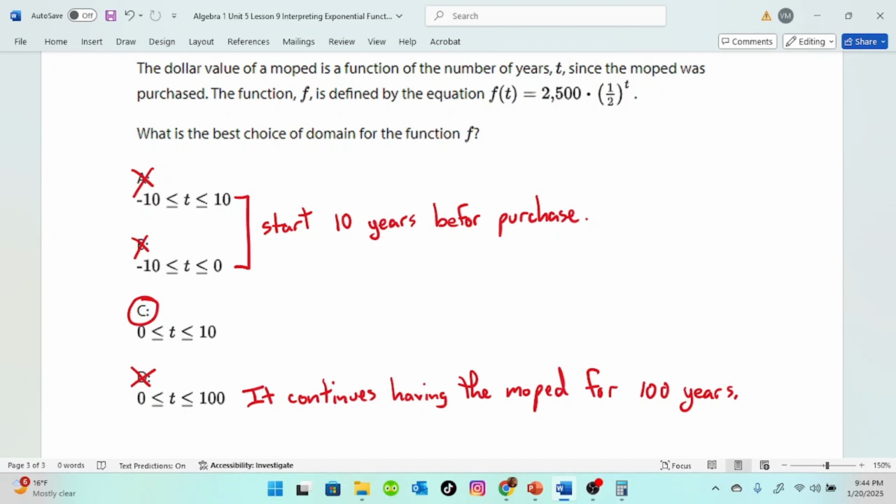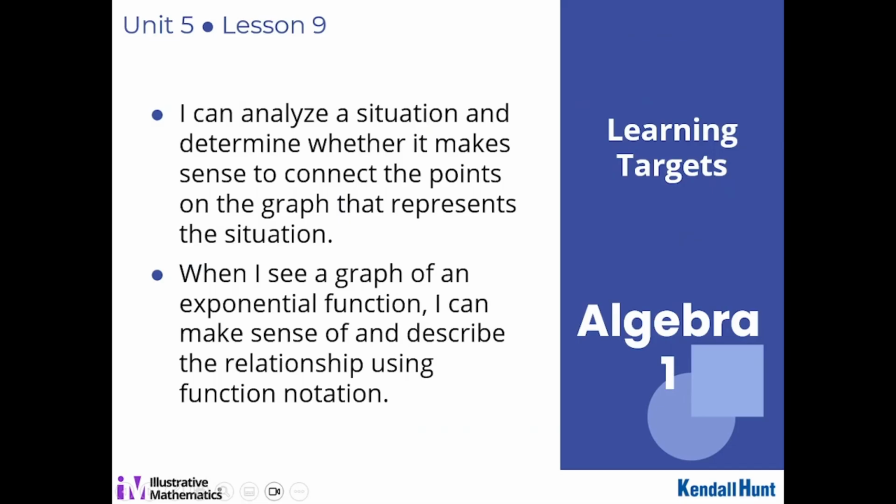Now, before we finish this lesson, I want to go back and review the learning targets to make sure that you are comfortable with where you're at and that you are on track. Now let's look back over the learning targets. If you are comfortable making both of these statements, then you're right where you need to be. Learning target number 1, I can analyze a situation and determine whether it makes sense to connect the points on the graph that represents the situation.